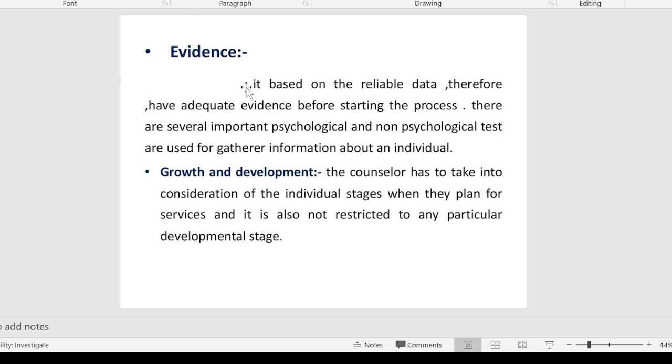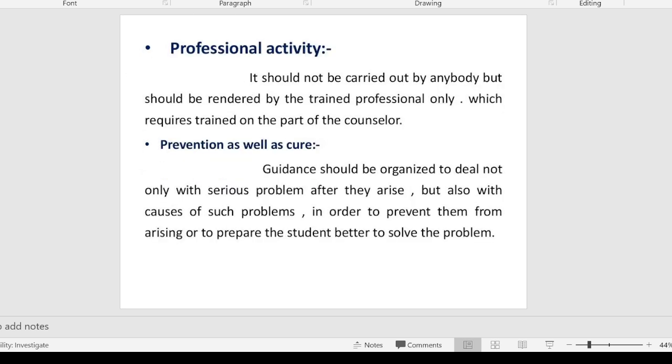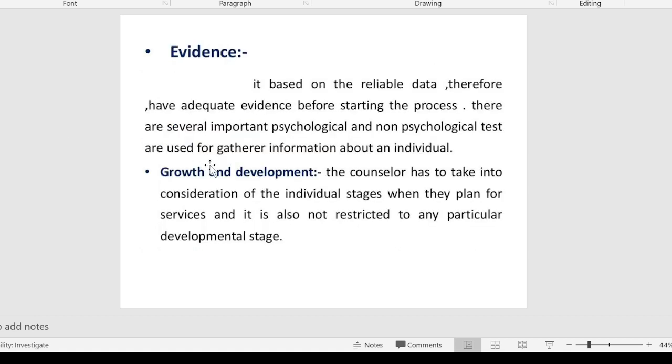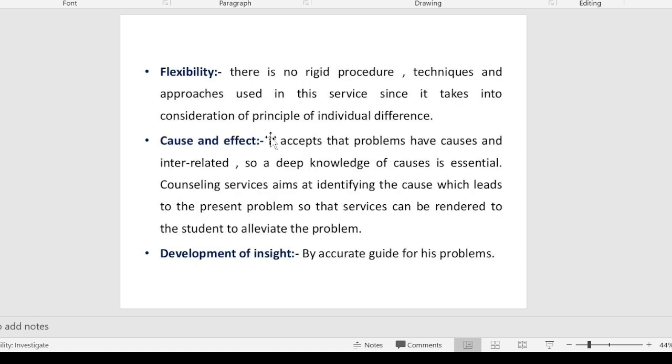And it should have good evidence, and should give scope for growth and development when you give guidance and counseling. And it is always a professional activity. Then it should be flexible, with cause and effect, and development of insight. So this is all about the principles of guidance and counseling.